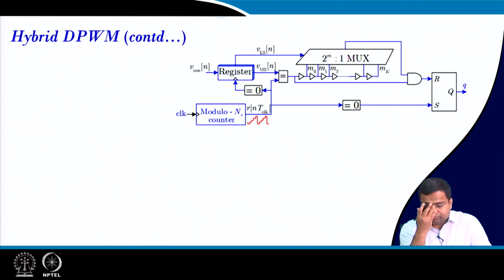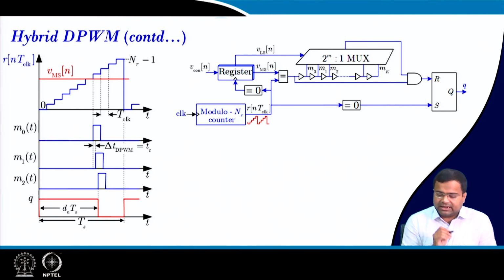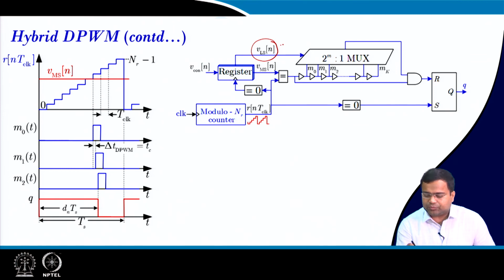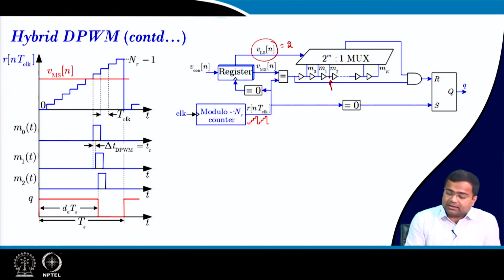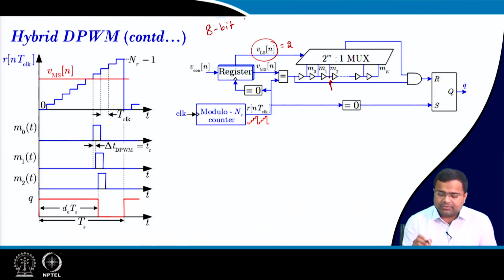So, how does it work? Let us say we take this LSB to be 2. It will take this line, that means M0, M1, M2, and this modulo counter is, suppose we are talking about an 8-bit DPWM, this is 3-bit and this is 5-bit.